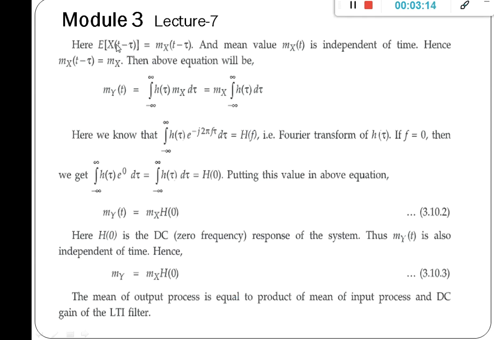So here, E of x of t minus tau is equal to mx of t minus tau, and the mean value mx of t is independent of time. Hence mx of t minus tau is equal to mx. Then my of t is equal to the integration from minus infinity to plus infinity of h of tau times mx.